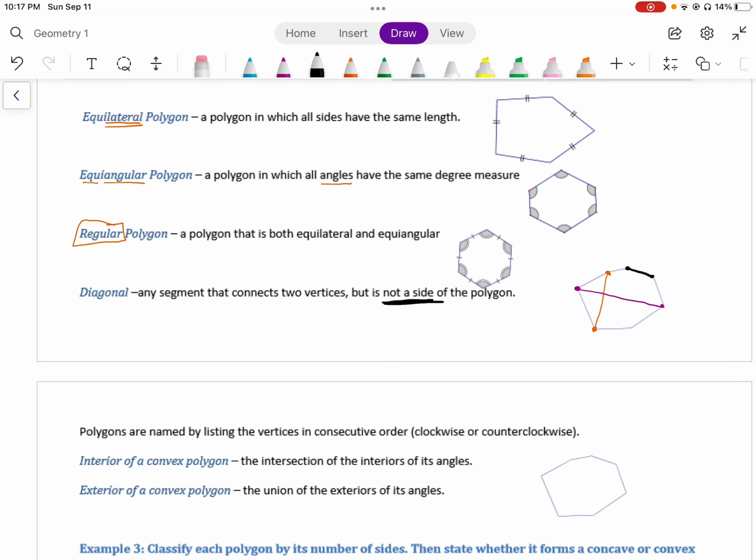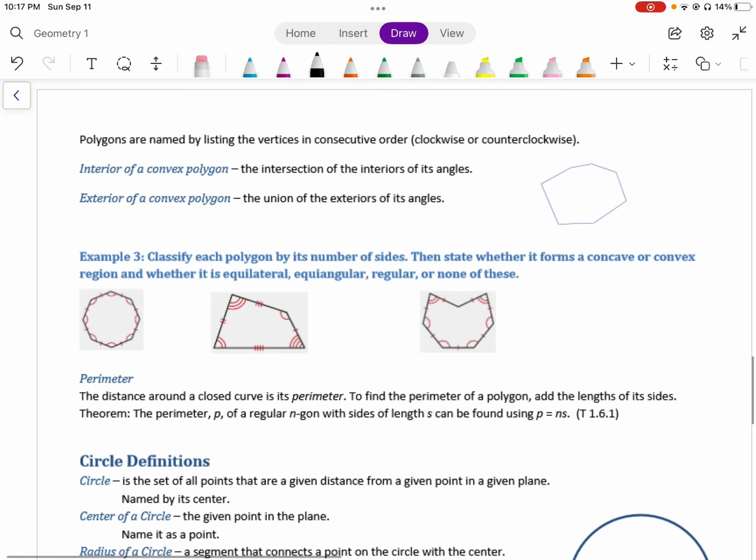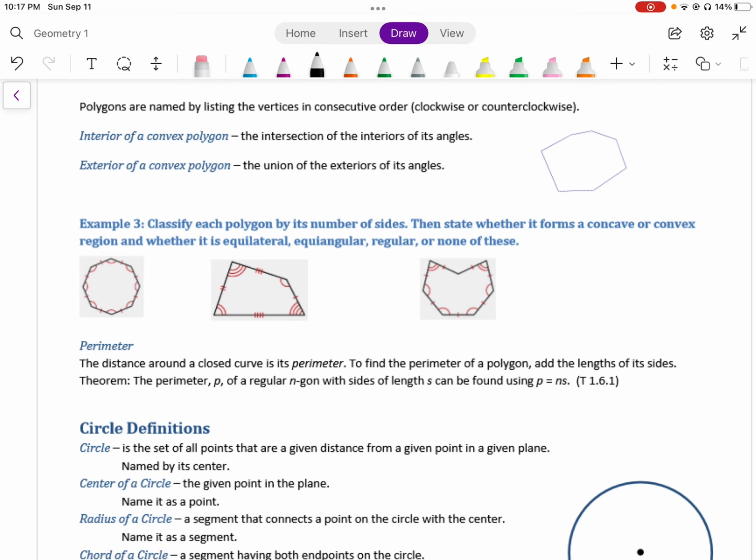All right, stay with me a little bit more. Polygons are named by listing the vertices in consecutive order, clockwise or counterclockwise. So let's name each vertex here. We could name this polygon A, B, C, D, E, F, G. We could name it, let's start with D and go this way.